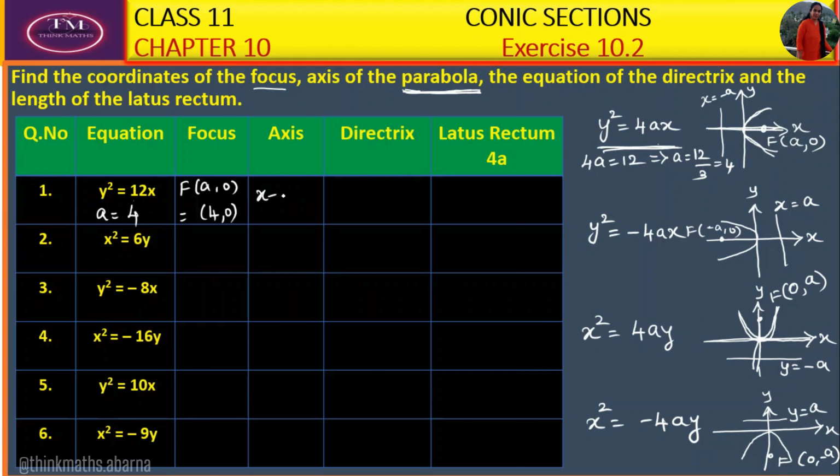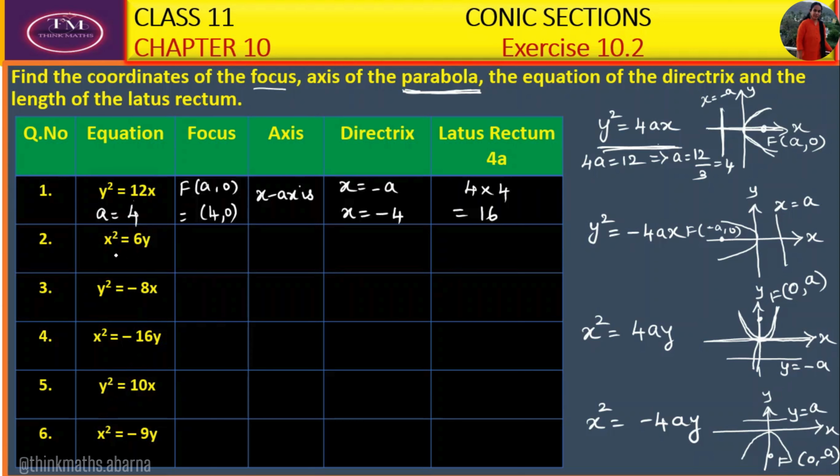So the axis is the x-axis and the directrix is opposite, x equal to minus a. Therefore, x is equal to minus 3. What is the latus rectum? 4a. So it is 4 into 3, which is equal to 12. This is the latus rectum for the first problem.